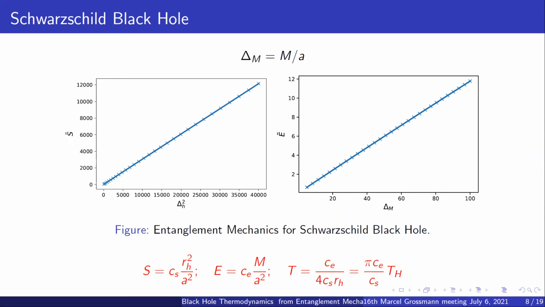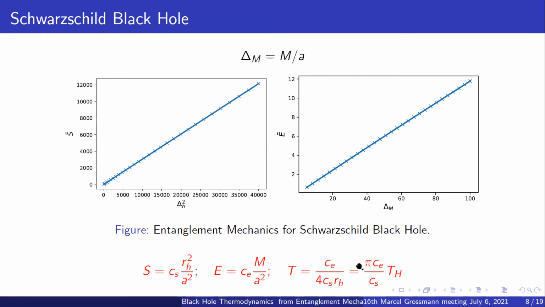So starting from the simplest case, which is that of a Schwarzschild black hole, basically you have a mass in a spherically symmetric, static, and asymptotically flat spacetime. And once we performed the numerical simulations for entanglement mechanics, what we observed was that the entropy seemed to follow an area law, and this is expected. The entanglement energy, on the other hand, varied linearly with the mass of the black hole, which is also not very surprising.